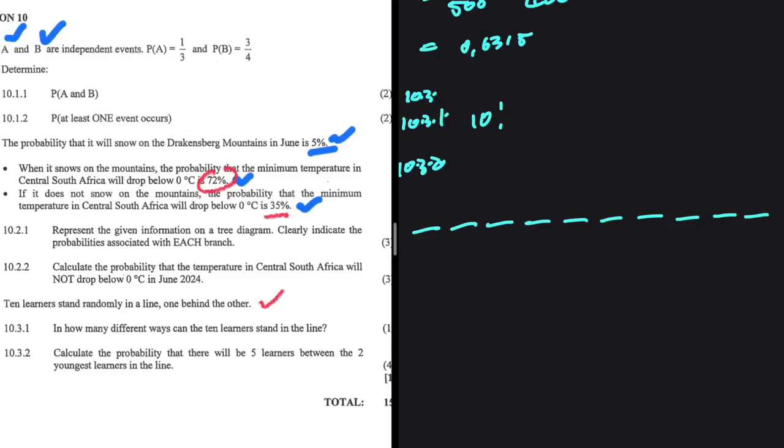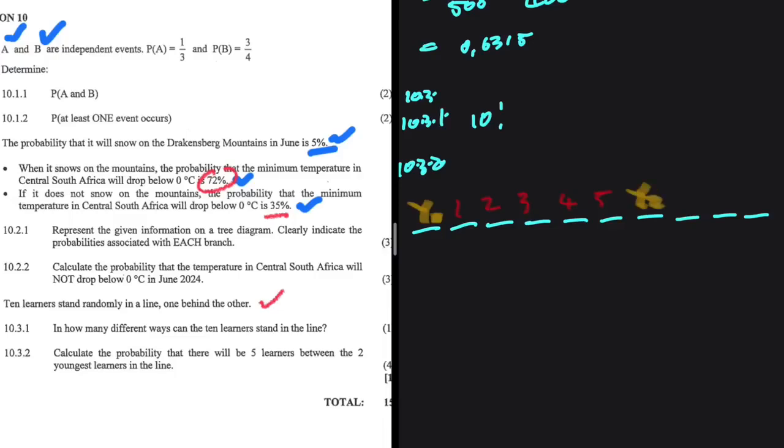So let's say, for instance, we have y1 being the first youngest learner, and then in between we have 1, 2, 3, 4, 5. The 5 learners that are supposed to be between the 2 youngest. And then after that, we have y2, the second youngest learner.